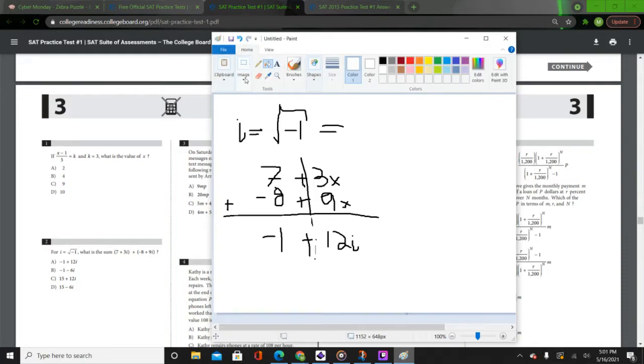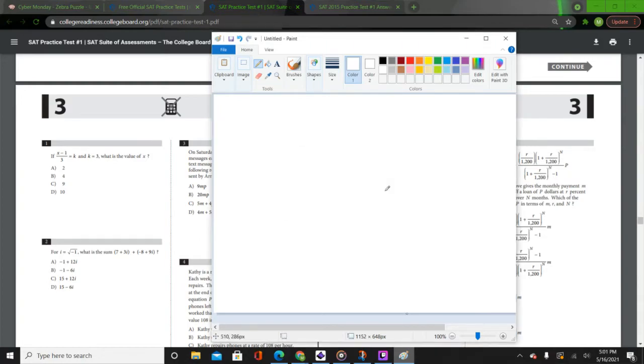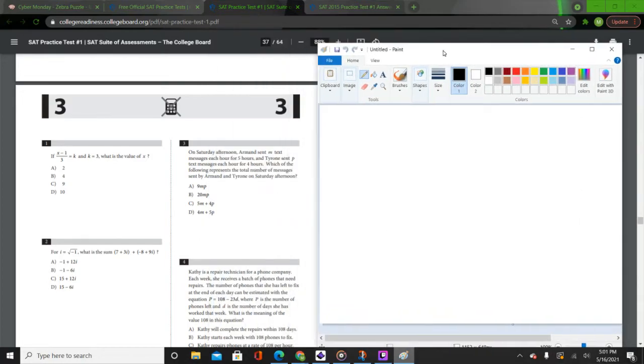Home, image, clipboard. I'm sorry, I'm not familiar with this, so I'm not doing well. But I just want to clear the screen. File, I guess just new, don't save. Right, moving on to 3.